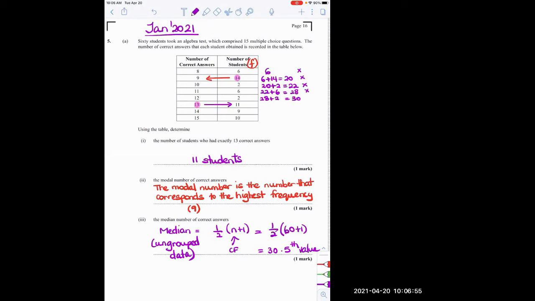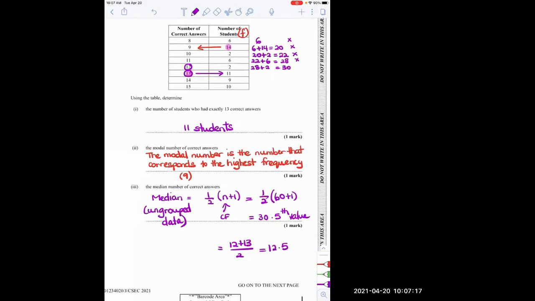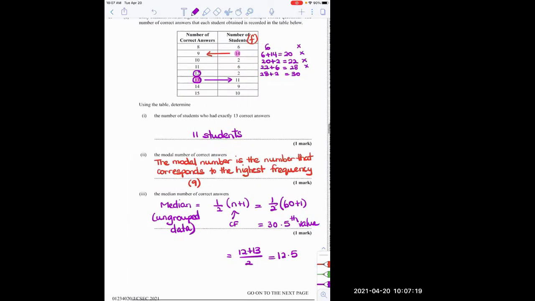But we don't want the 30th value, we want 30.5. So the median will be half of 12 plus 13, 12 plus 13 over 2, which is 12.5. So we keep adding until we find that respective value.